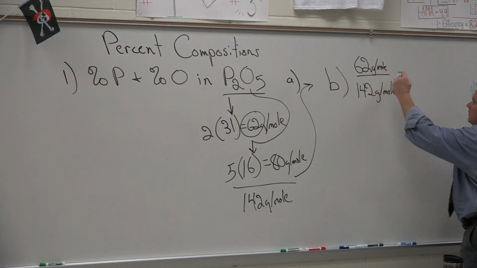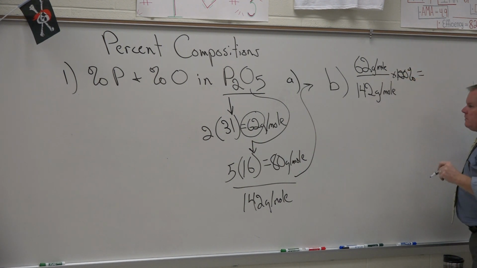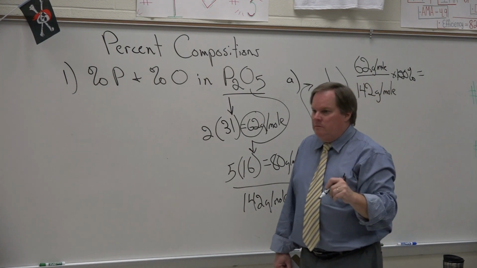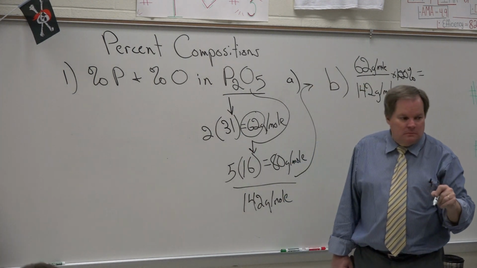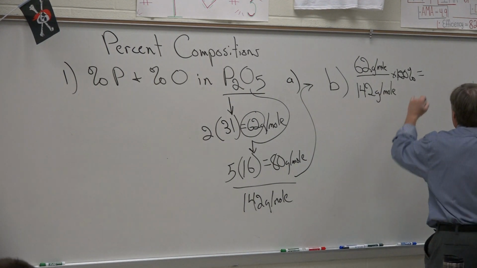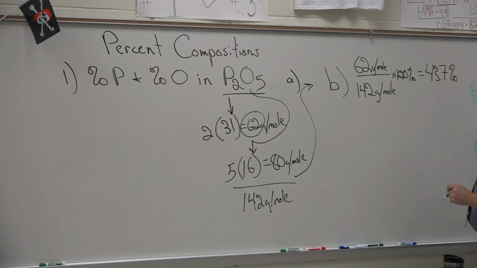And multiply that times 100%. What does that work out to be? Can we work that out? 43.7% of that compound is phosphorus.